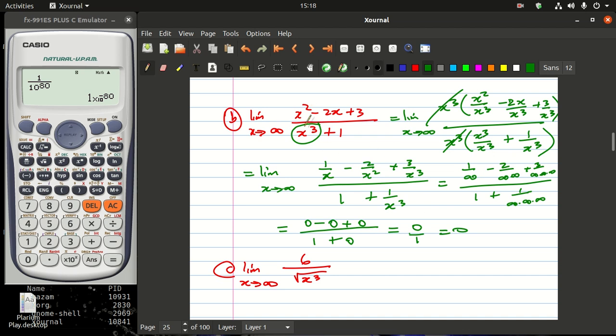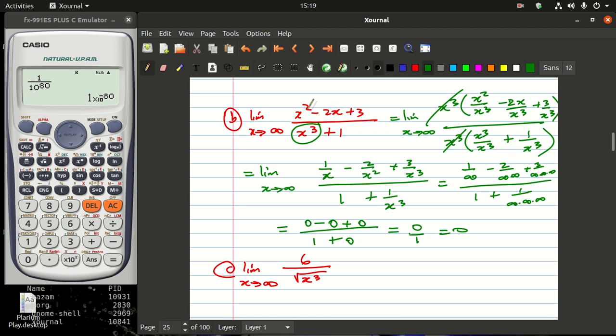So whenever the highest power in the denominator is bigger than the highest power of the numerator, that limit is always going to end up being 0. But if the numerator's highest power is bigger than the highest power of the denominator, there are higher chances that it's actually going to go to positive infinity or negative infinity.